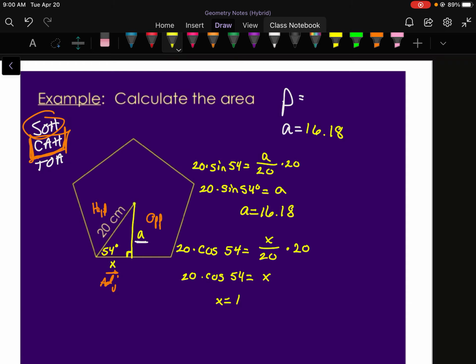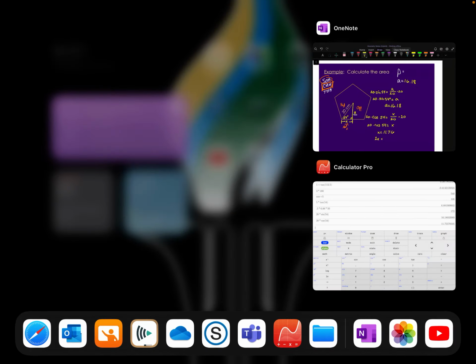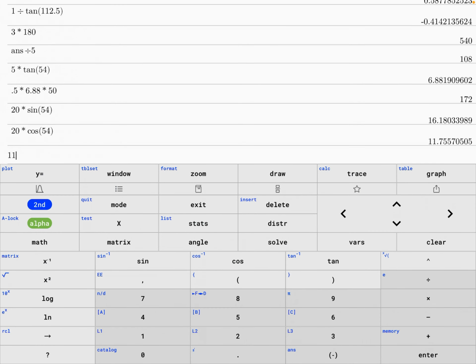So x equals 11.76. So again, that's just this distance here. I need to double it. So 2 times x would equal 11.76 times 2.